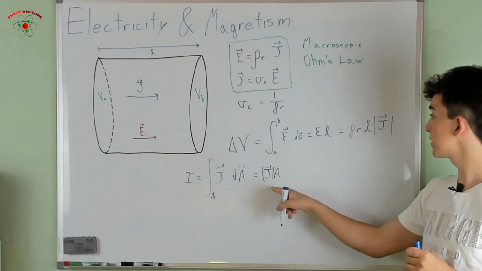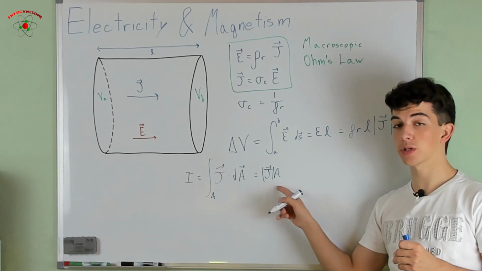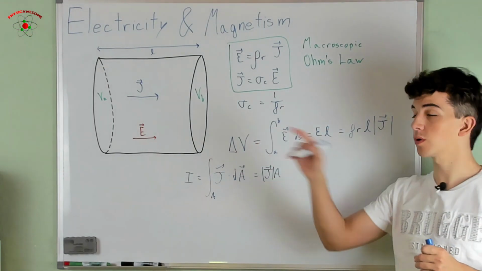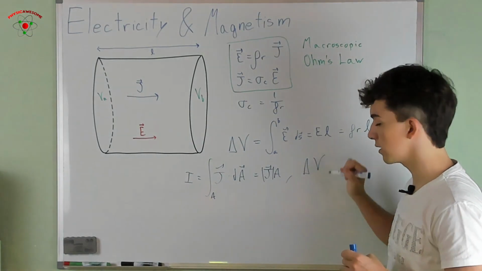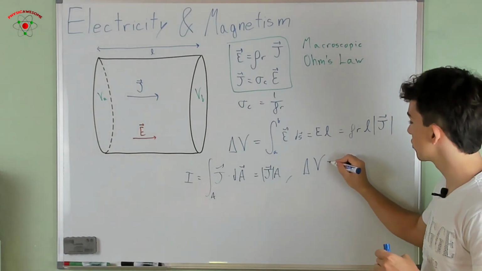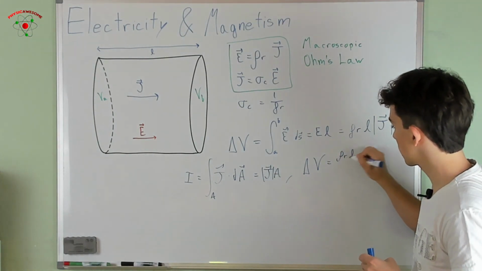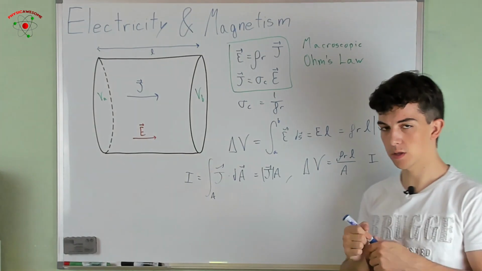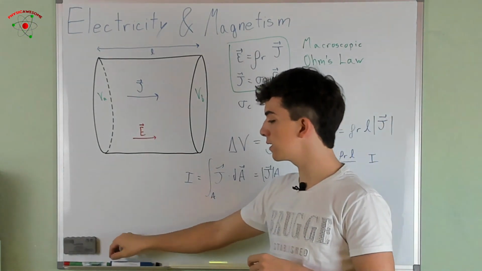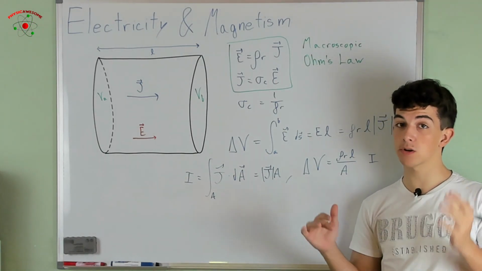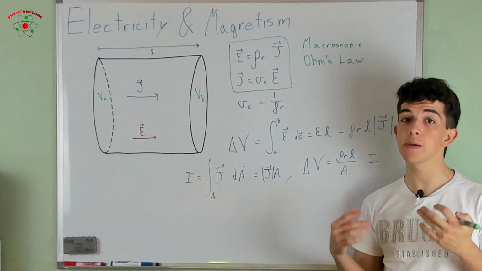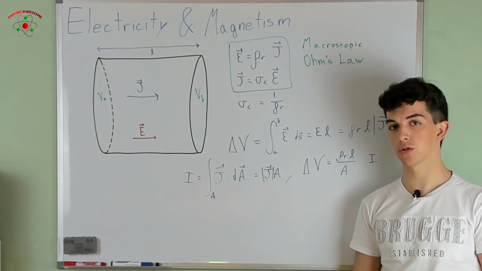Hence, we can substitute this expression into our expression for delta V. This is going to give us that delta V, the change in voltage, is equal to rho L over A times I. Then, in here, we find this special quantity that relates voltage difference and current, which are really important quantities when dealing with circuits.